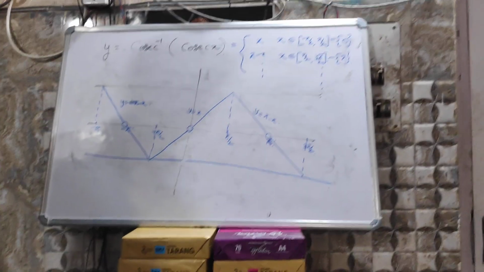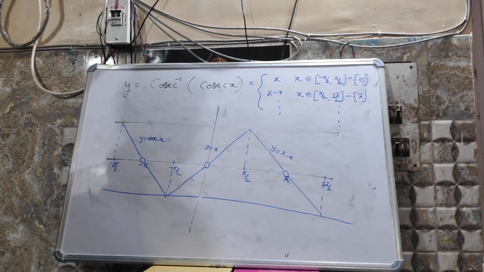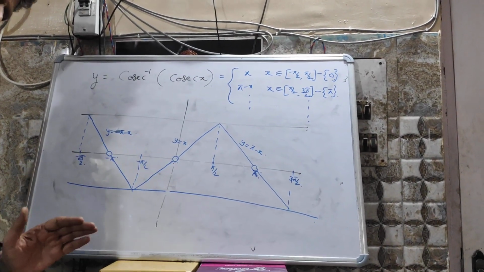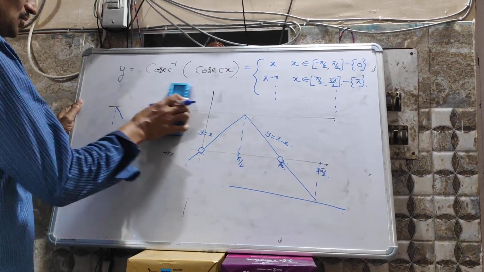These are the points. Clear, students? And cosecant inverse cosecant x is also periodic with period 2 pi. Clear? That's all in this property.